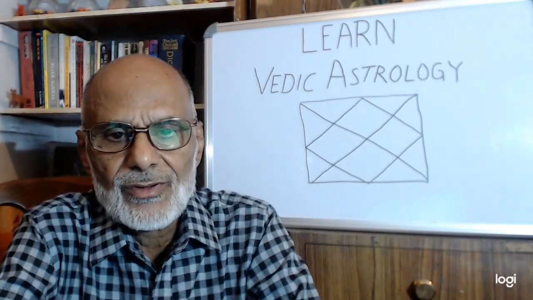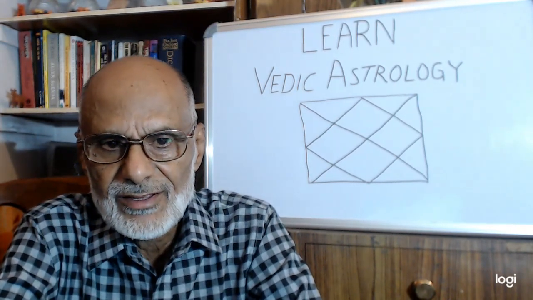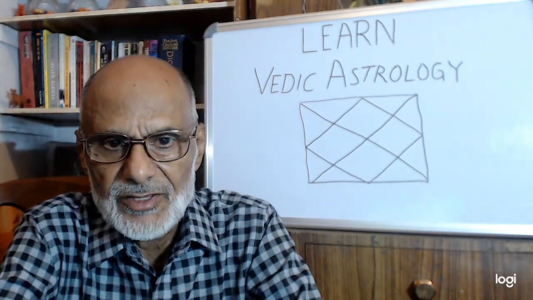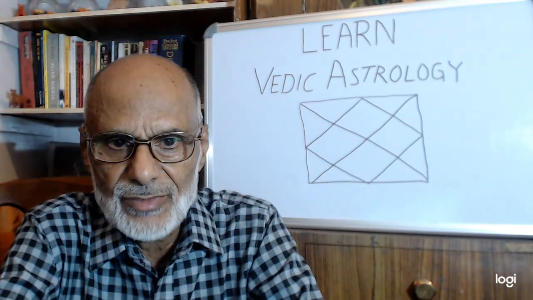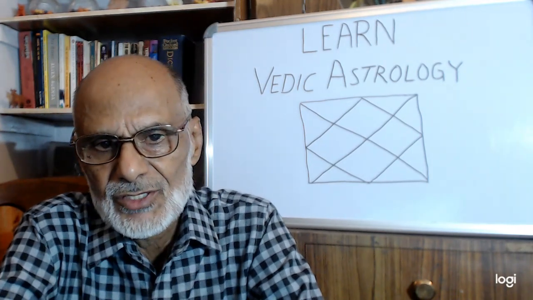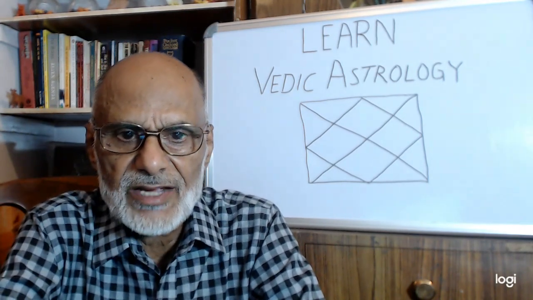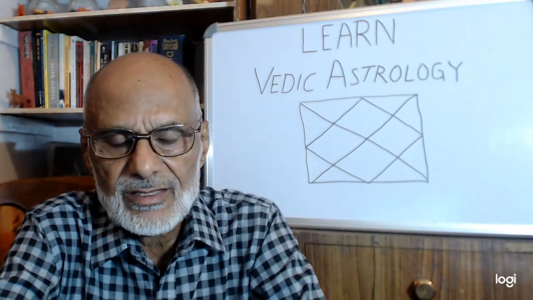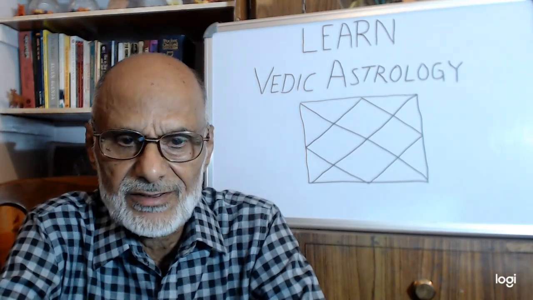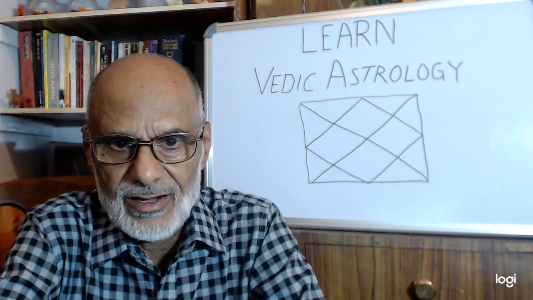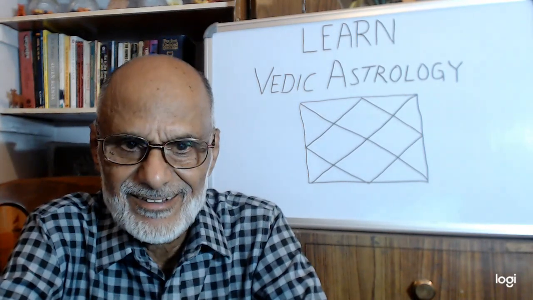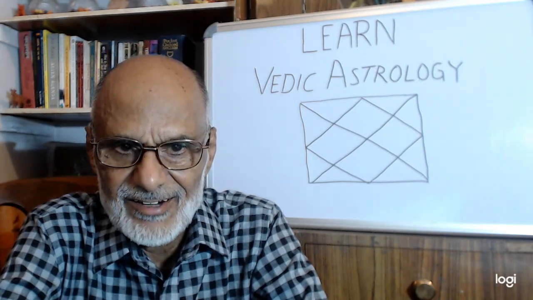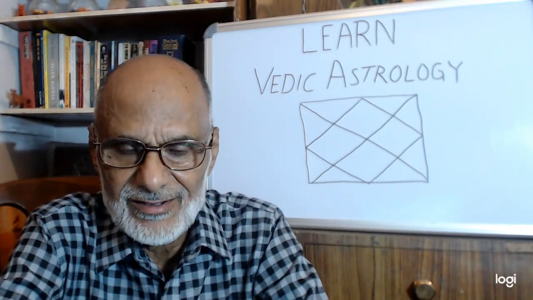Now, in addition to these zodiac signs, there are planets: Sun, Moon, Mars, Mercury, Jupiter, Venus, Saturn. These are the physically existing planets. Earth, on which we live, is also a planet, right? Earth is a planet, but we are living on that.